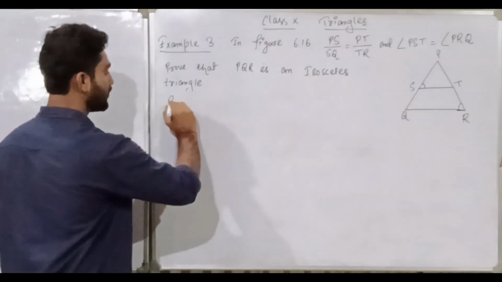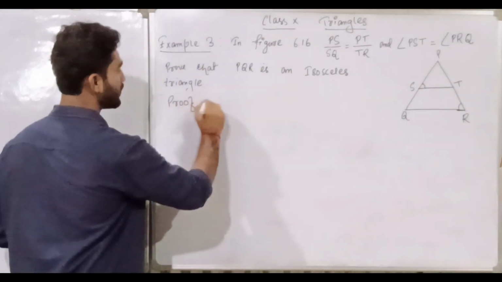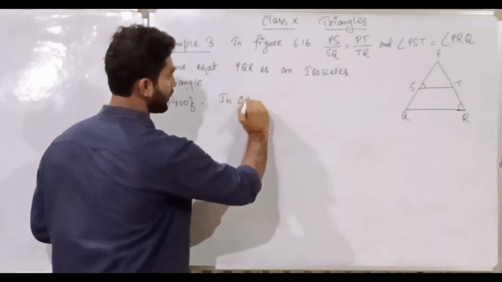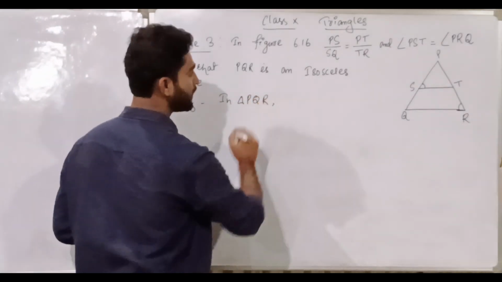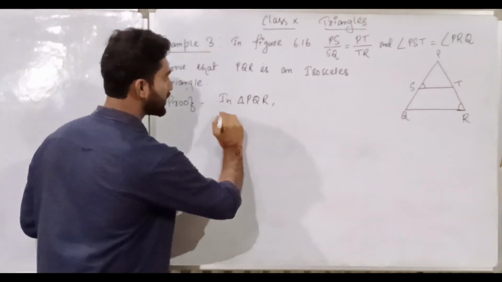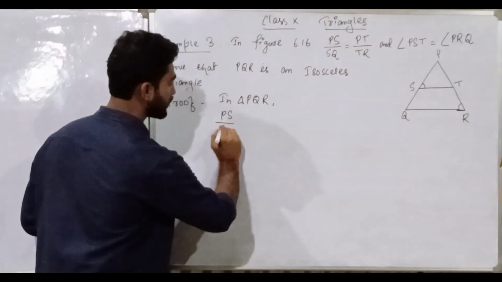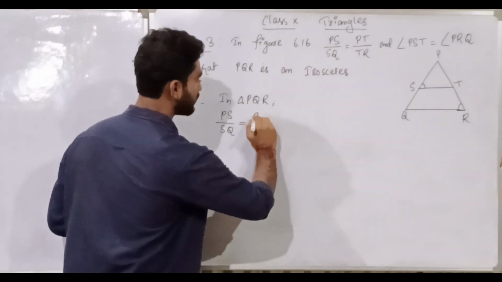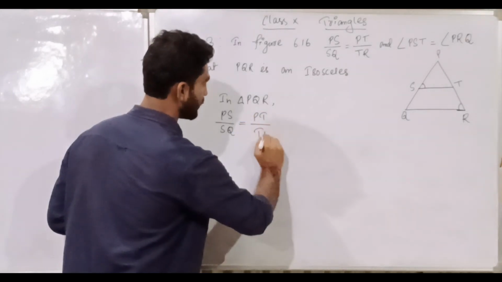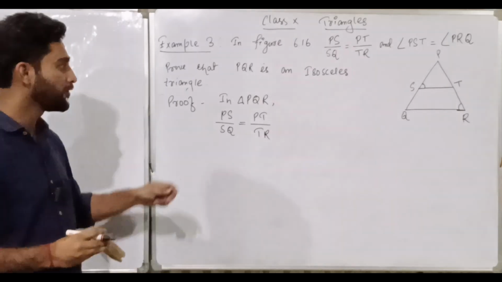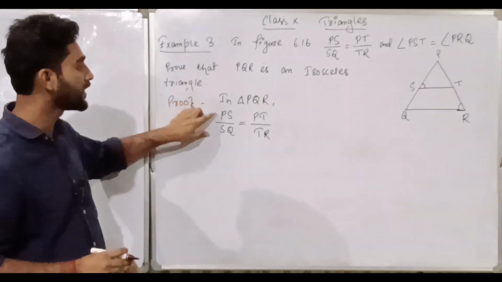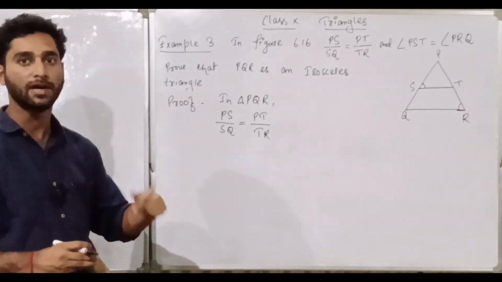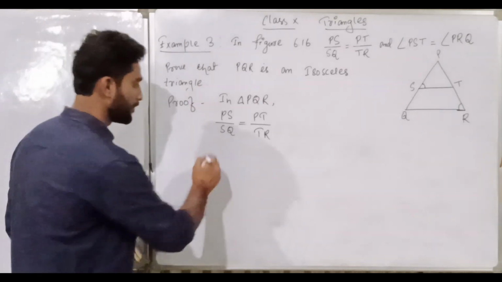Next is the proof. How can we prove it? See, in triangle PQR, first the information given is PS divided by SQ is equal to PT divided by TR. Now you see, one triangle is given and the ratio of the two sides is the same. So we can apply the converse of the basic proportionality theorem.